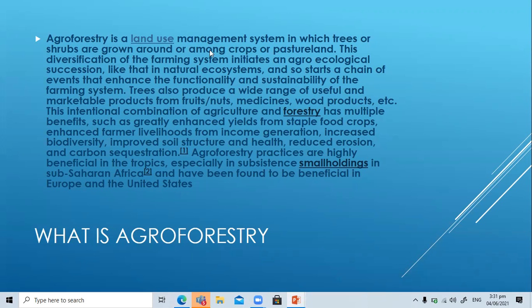So what do you guys think so far? What I'm thinking right now is agroforestry is basically the planting of crops near to each other, and it gives nutrients from the other plants. What do you guys think about this so far?